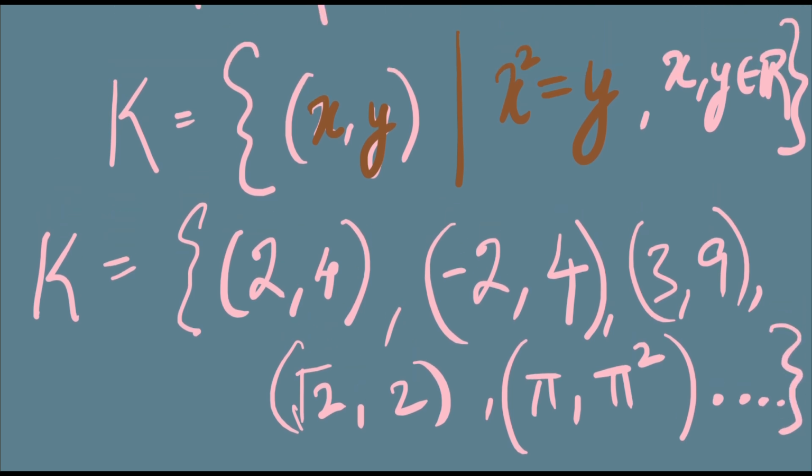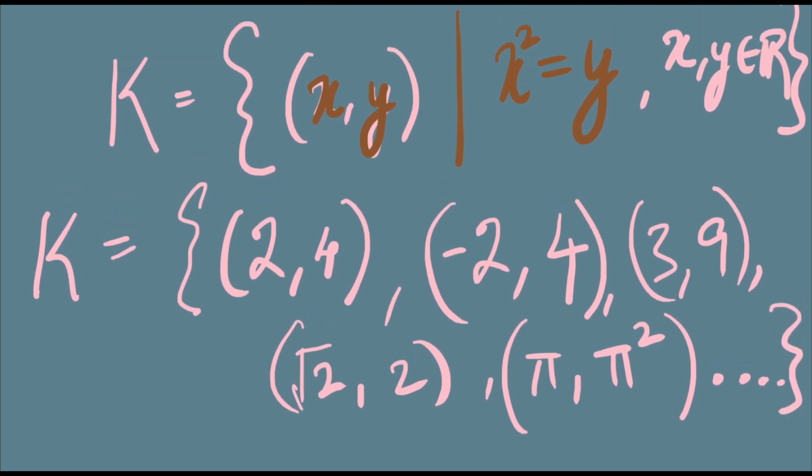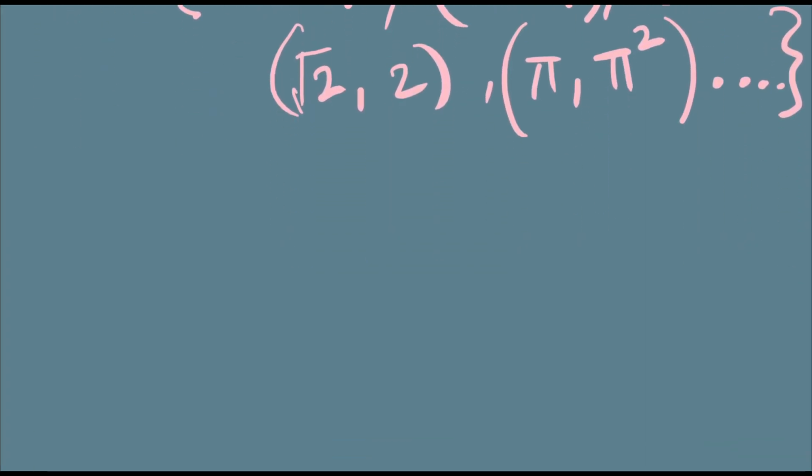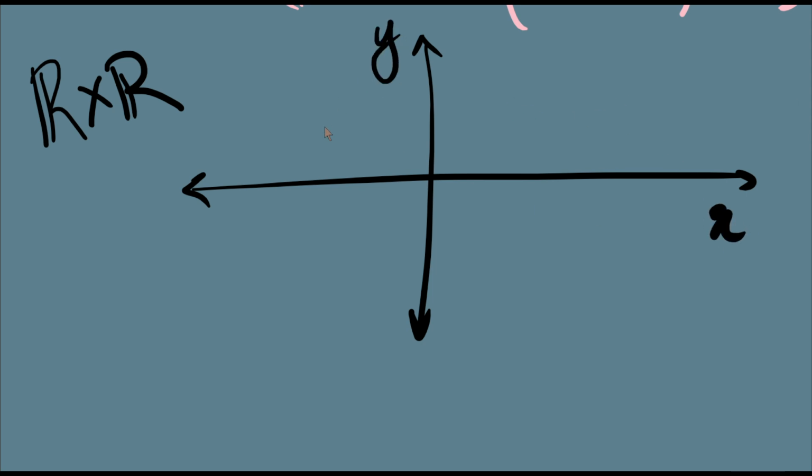Well, how do I get a better picture of this relation? Maybe I can use one other depiction of R cross R that we might have seen. R cross R is the whole Cartesian product that will contain all the elements where the first entry is from the reals and the second entry is from the reals. One way it can be represented is with your xy plane, your Cartesian plane.